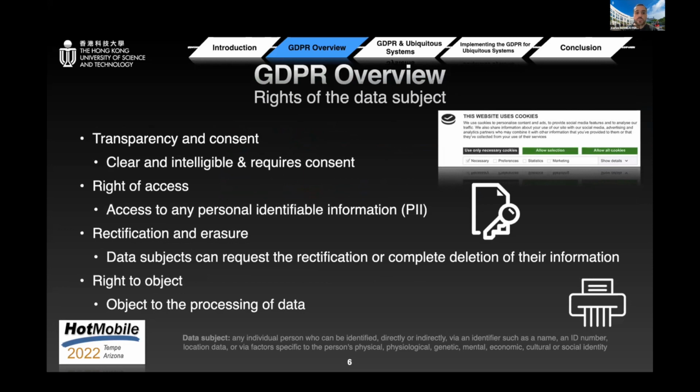They have the right to access any personal information that has been collected by data collectors or these monitoring practices. They can also rectify or request the complete deletion of the data collected. And because there is consent before the data collection practices start, they can object to the processing of the data.